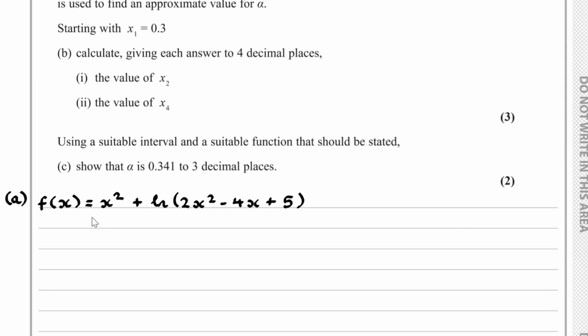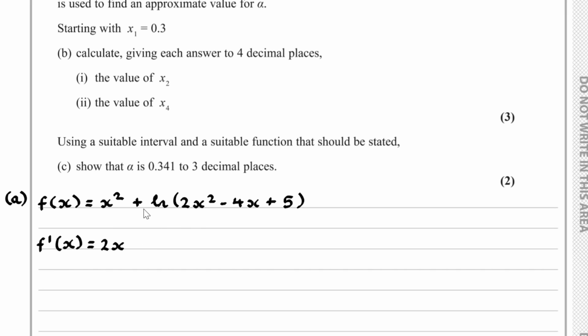For part A, we begin with f of x equaling x squared plus the natural log of 2x squared minus 4x plus 5. Differentiating, f dash of x is equal to, well, if we differentiate x squared, we end up with 2x.